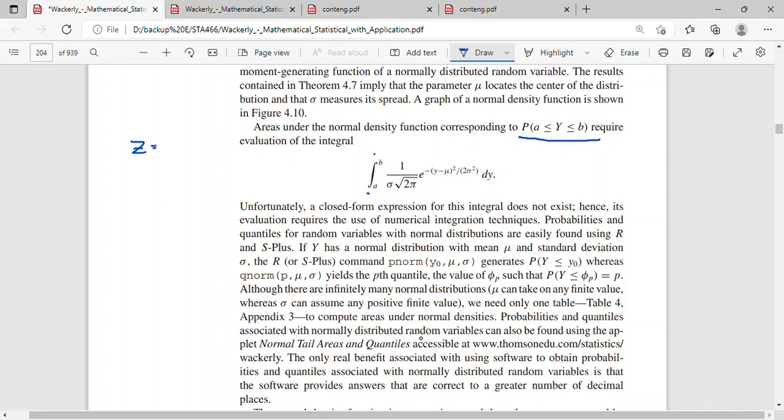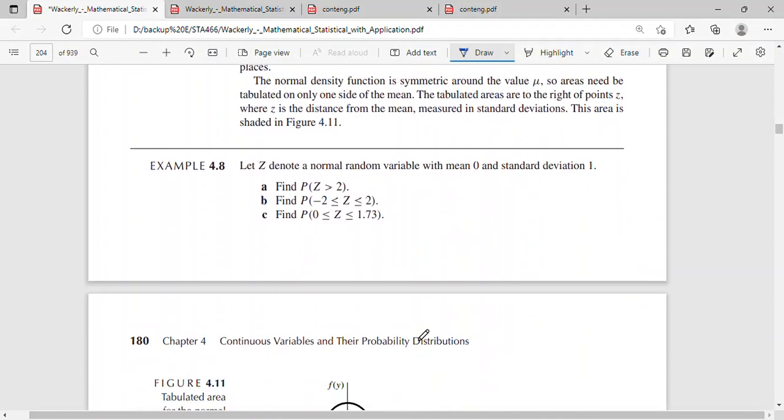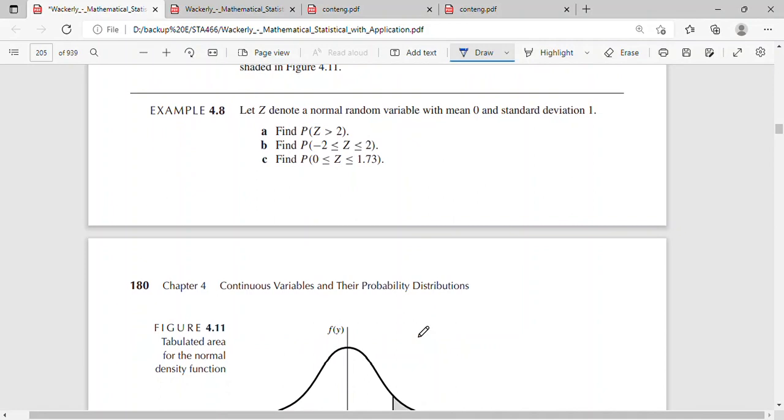Okay, kalau tak nak guna normal table, kena integrate like this. Okay, so let's see, kita ingat balik macam mana cara nak tengok table of normal ni. Kat sini dia buat z sebab kita dah tukar kepada z daripada normal distribution tukar kepada standard normal distribution.